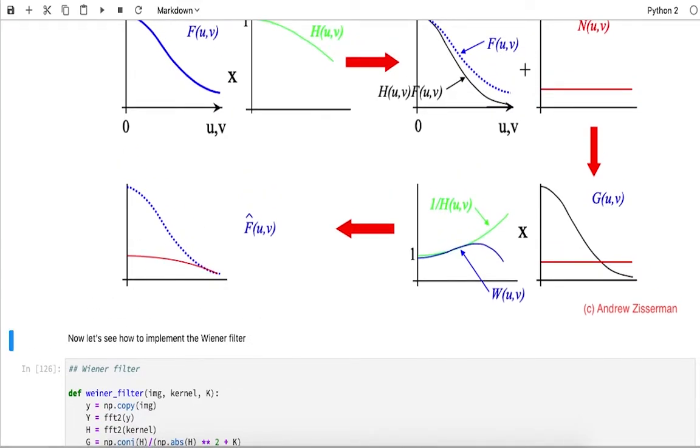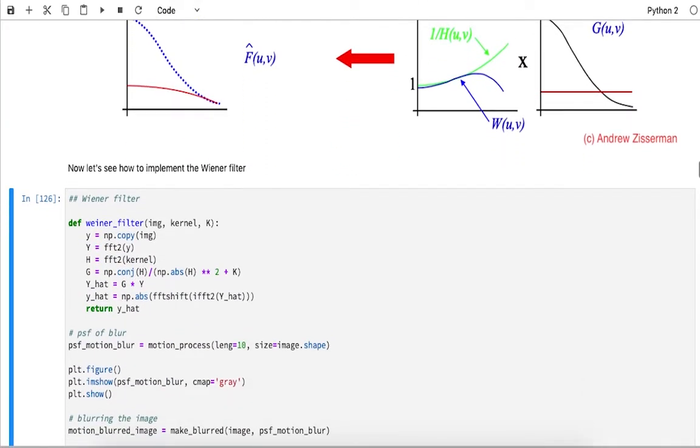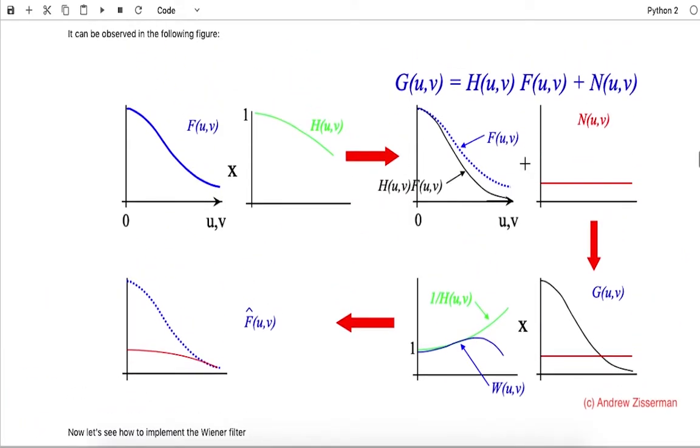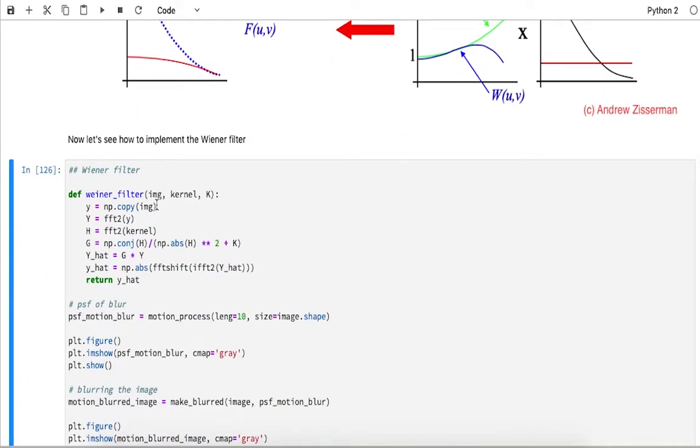So let's see how to implement it. It's very simple. Here I take my image, I have my kernel, and I have my k as the hyperparameter. You just take the Fourier transform of the image, and then the Fourier transform of the kernel, and there's this function called np.conjugate.